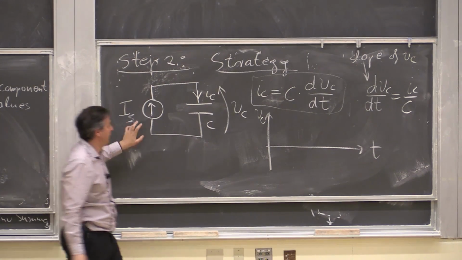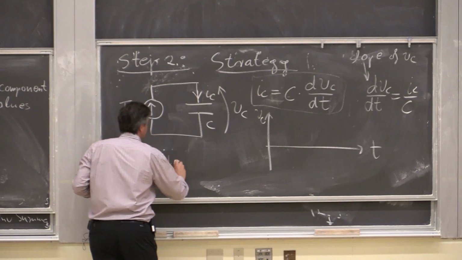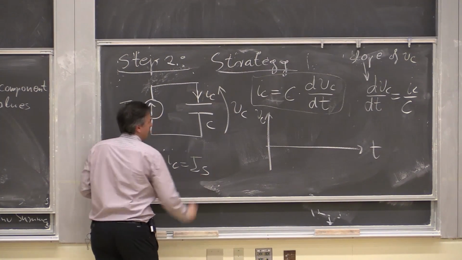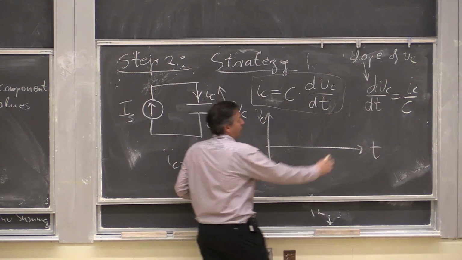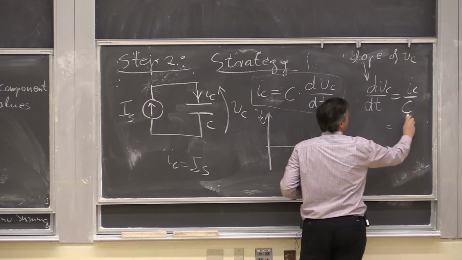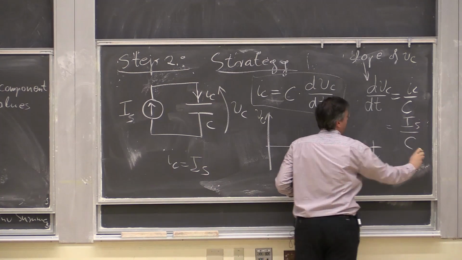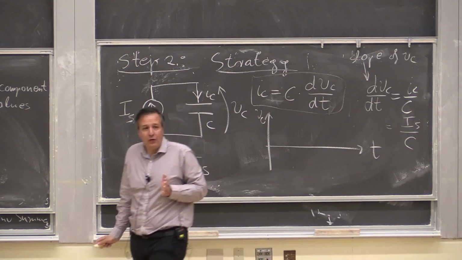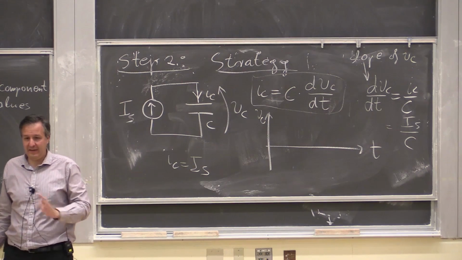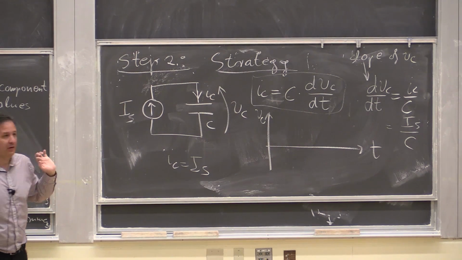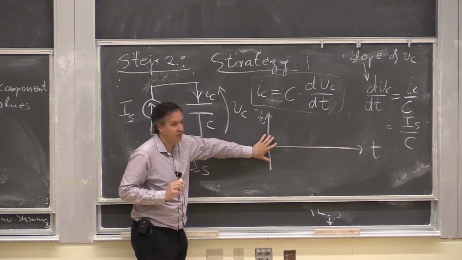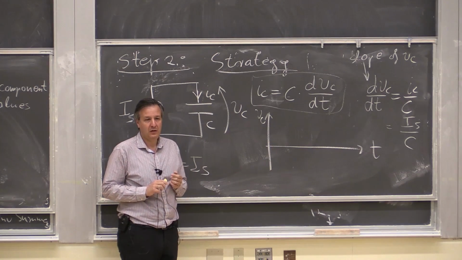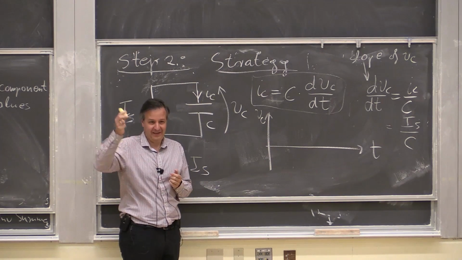It's IS, so IC equals IS, and therefore the slope is going to equal IS over C. Now, I haven't told you what the value of IS is. Let's say IS is positive. How is this waveform going to look?